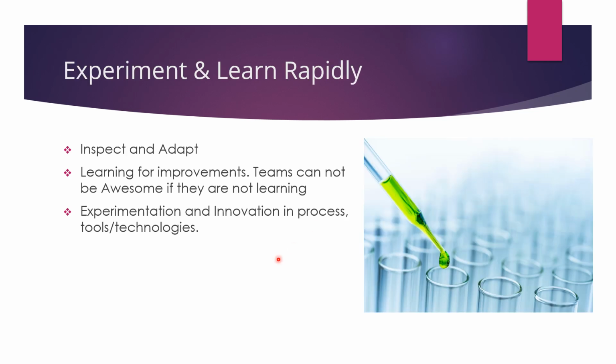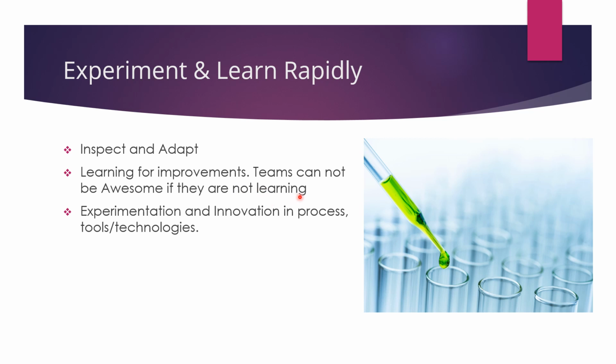Experimentation and learning rapidly. Like I discussed briefly, inspect and adapt is very important for a team to be high performing, continuously understanding how well they are doing, not just in terms of product or delivery, but the overall process. Inspecting the whole, not just a part of it, and improving the whole. There's a lean principle which talks about optimizing the whole, looking at the complete picture and at each and every step of the process. That's how we can improve.